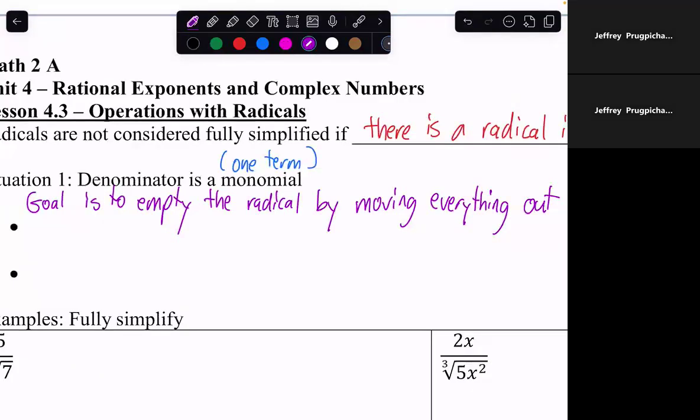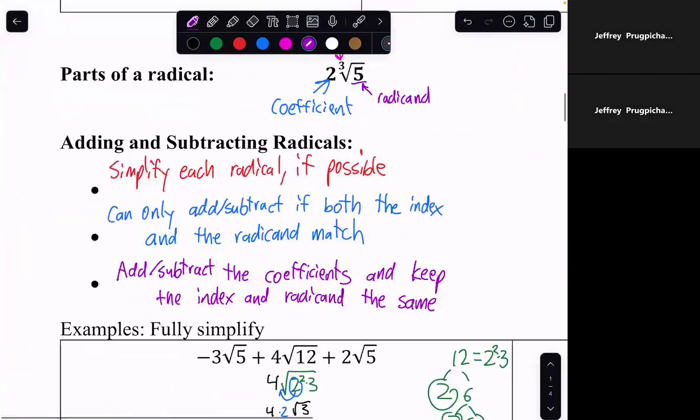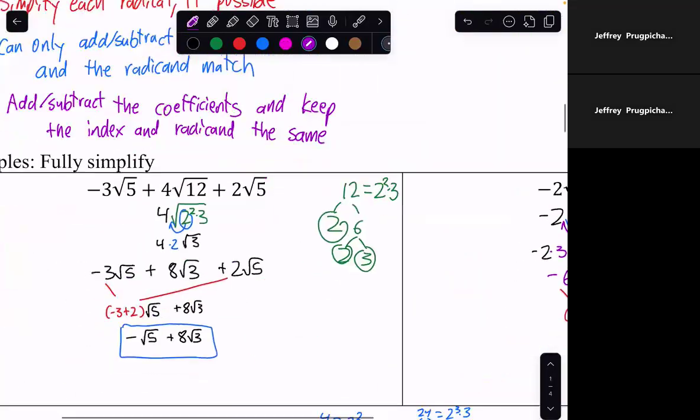Right, so that's how we can get rid of radicals in the denominator. If we can fully empty them, they'll go away.